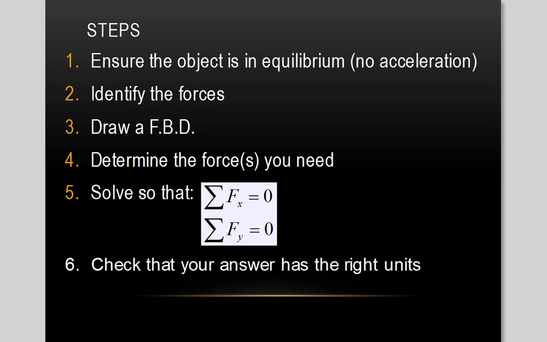Okay? So these are problems where there's going to be no acceleration. Identify the forces, draw the free body, and then solve such that the sum of all the forces is 0 in the x and the sum of all the forces in the y is 0. Are you guys okay reading this? I'll put a note for you.